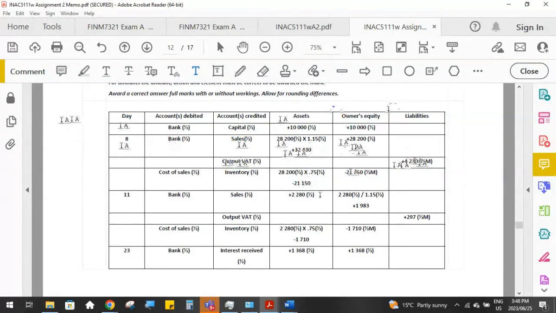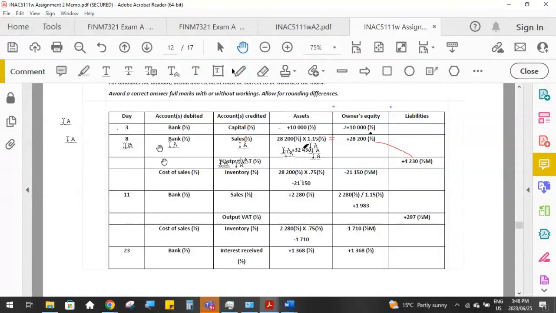So if we look at what we've done here, 28,200 plus 4230 equals the left-hand side of the accounting equation, 32,430. And then we know our accounting equation is in balance.